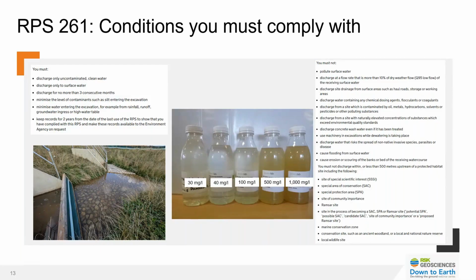You can't use flocculants or other means to encourage particles to settle out of suspension. You've got restrictive flow rates for discharge, and there's a certain level of sampling that will be required to prove that there are no exceedances of environmental quality standards at any point during the discharge. And the RPS option also isn't available to you if your construction site sits within 500 meters of an environmentally sensitive site.